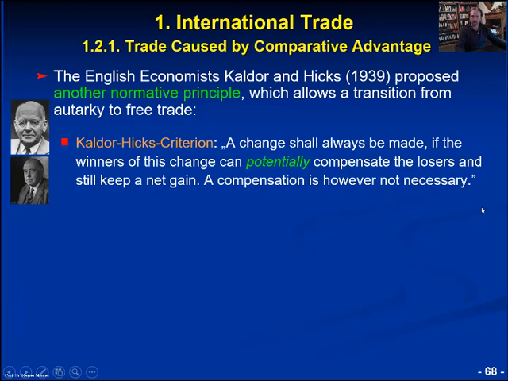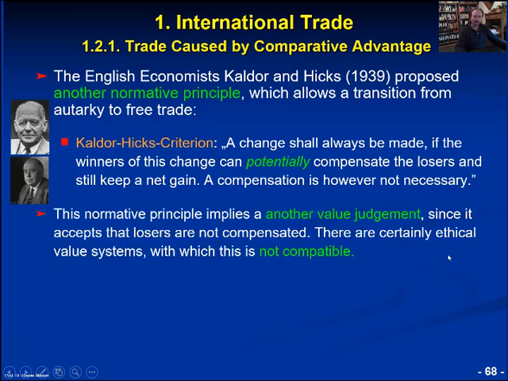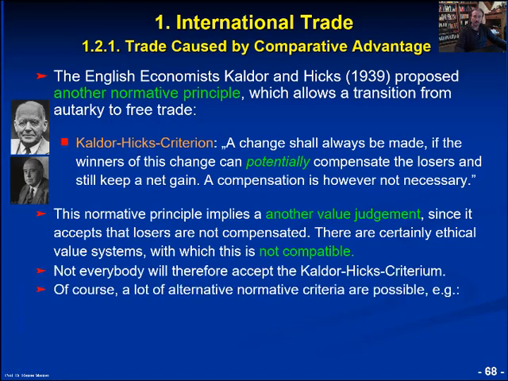Compensation is, however, not necessary. This normative principle applies another value judgment, since it accepts that losers are not compensated. There are certainly ethical value systems with which this is not compatible. Not everybody will therefore accept the Kaldor-Hicks criterion.